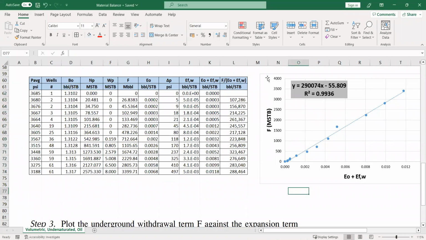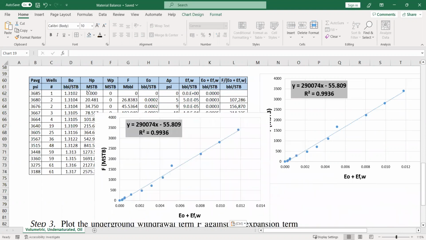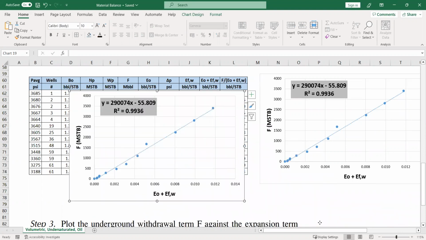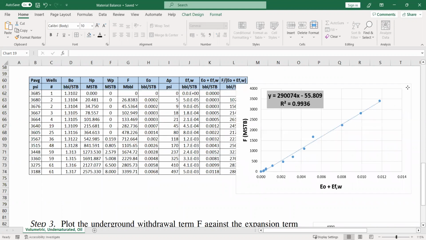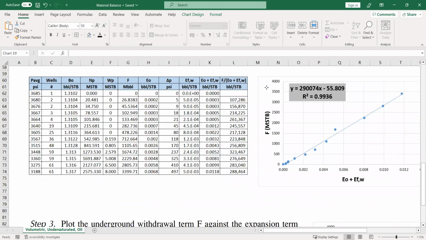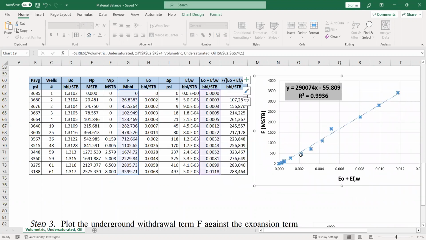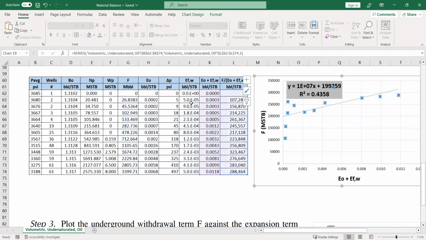Okay, and then I just copy this. Maybe we can put it down there. I will just change the parameters. For the vertical axis, it will be this. And for the horizontal axis, it will be this.